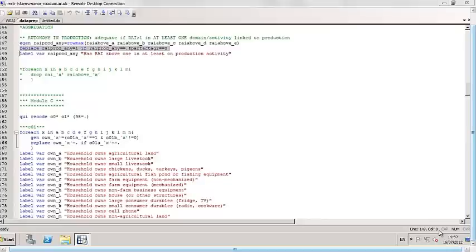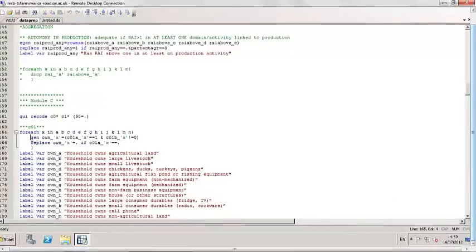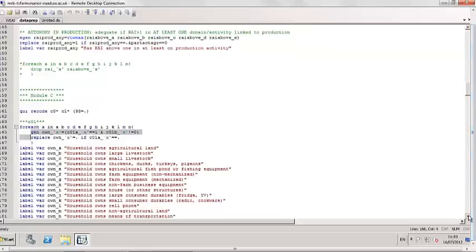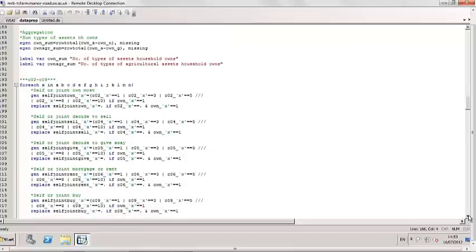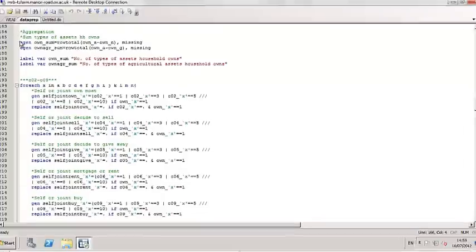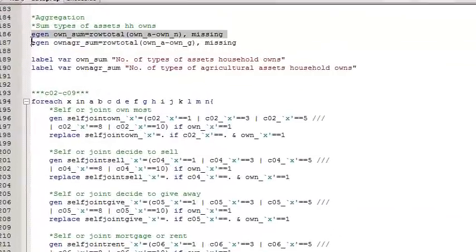Moving on to questions from Module C. First, based on C01, we create the indicator own-X, where X refers to one of the types of assets listed in Module C. Own-X is equal to 1 if the household owns the type of asset X. Then we aggregate these indicators of ownership across assets, and we create own-sum, which gives me the total number of types of assets that the household owns.